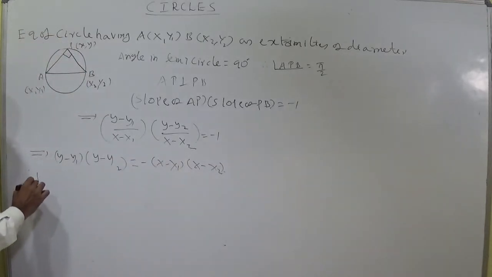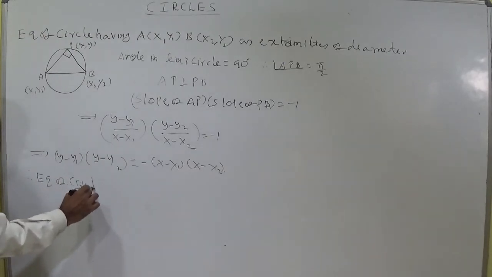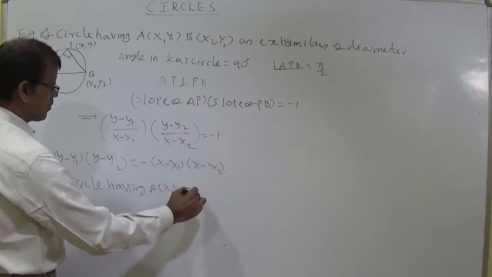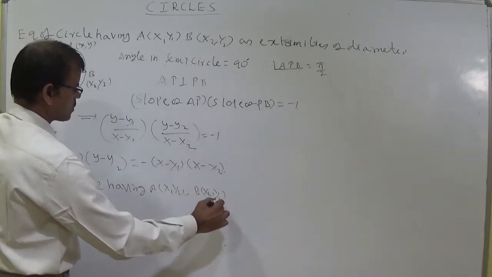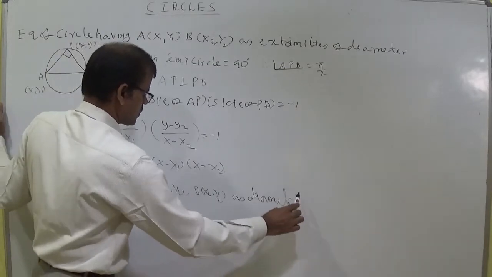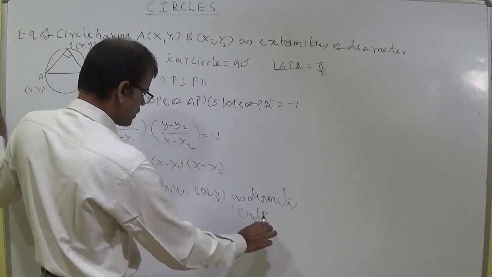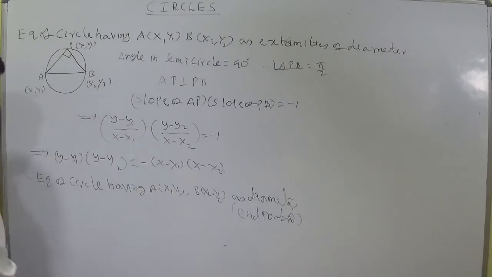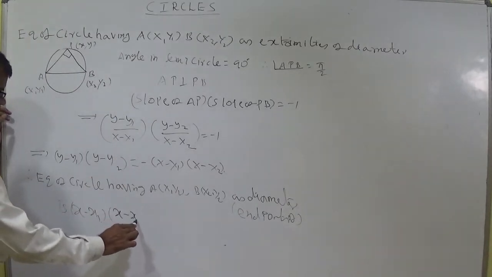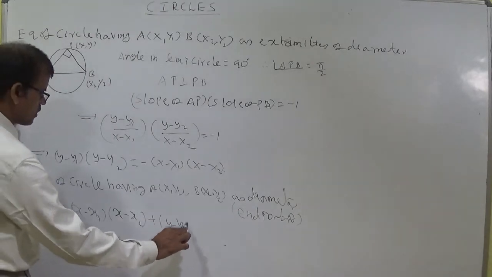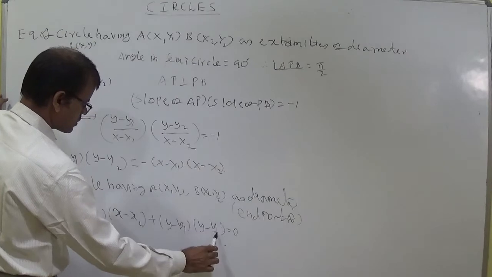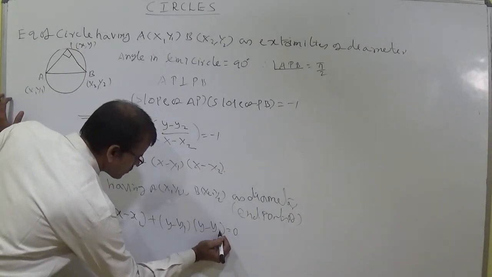That term taken this side, you can write this as the equation of circle having A(x1, y1) and B(x2, y2) as end points of diameter: (x minus x1) into (x minus x2) plus (y minus y1) into (y minus y2) equal to 0.